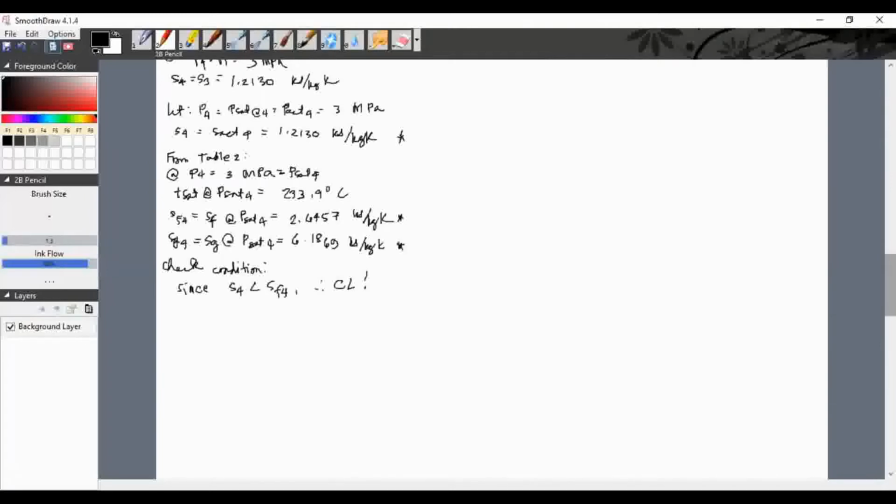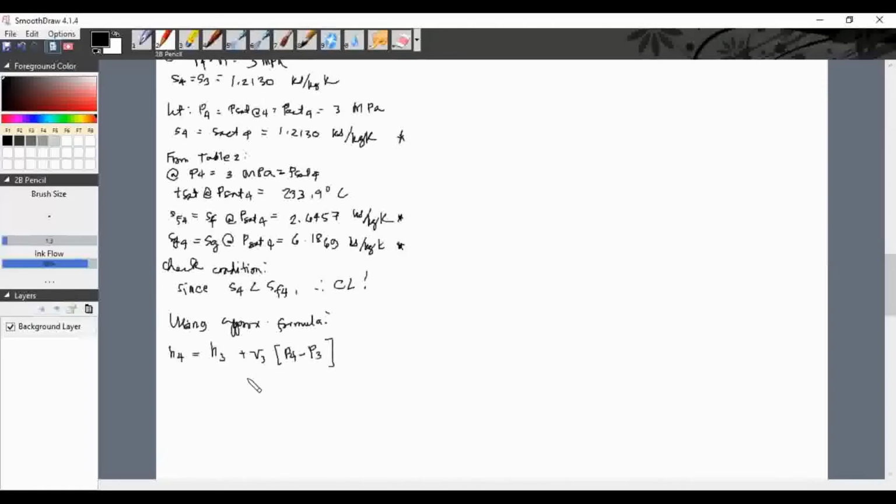And to be exact, magdo-double interpolate pa. So masyadong mahaba. Gamit na lang tayo ng ating approximate formula for enthalpy. So using the approximate formula, we have H4 is equal to H3 plus V sub 3 times P4 minus P sub 3.